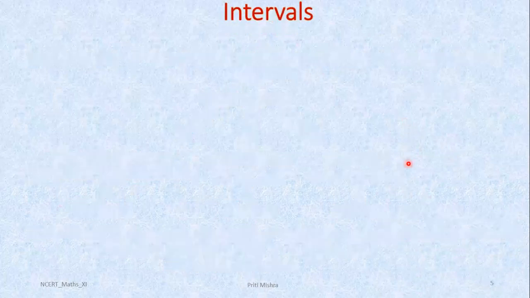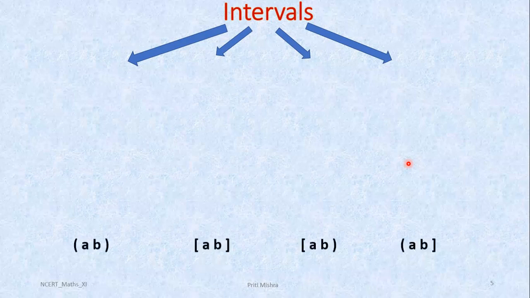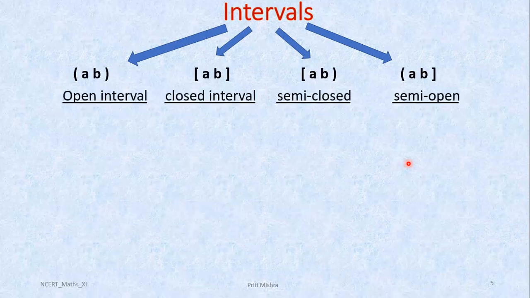So let's come to the next topic, which is intervals. What are intervals? An interval is a range of numbers between 2 given numbers, which includes all real numbers between those 2 numbers. We have 4 types of intervals: open interval, closed interval, semi-closed interval, and semi-open interval.